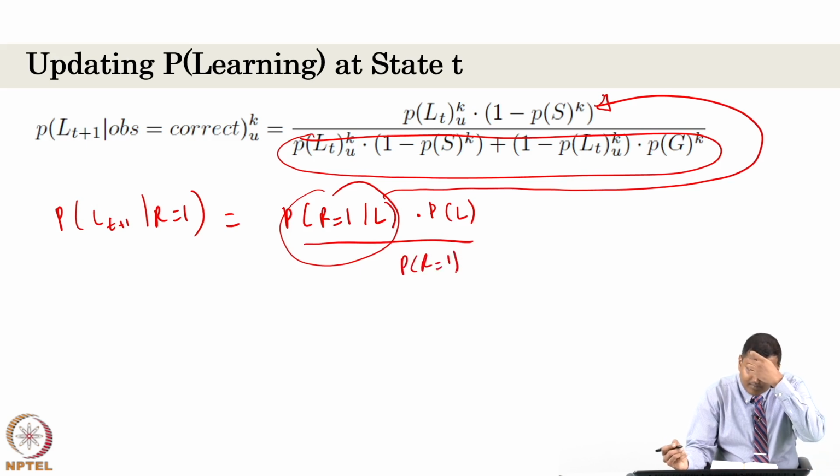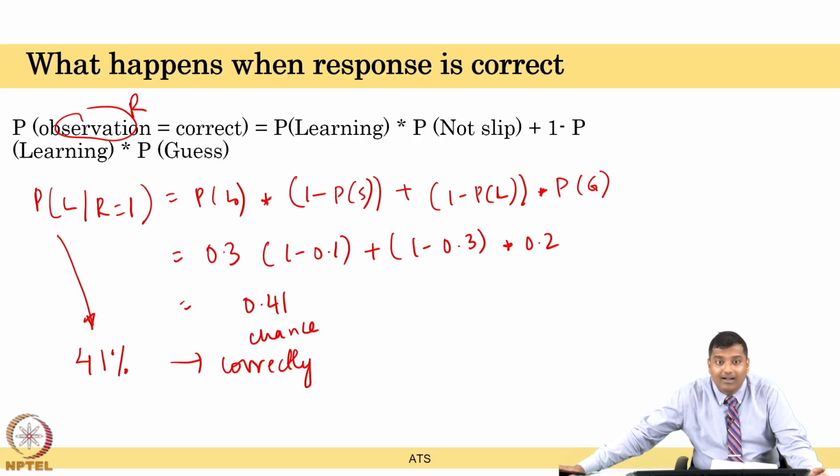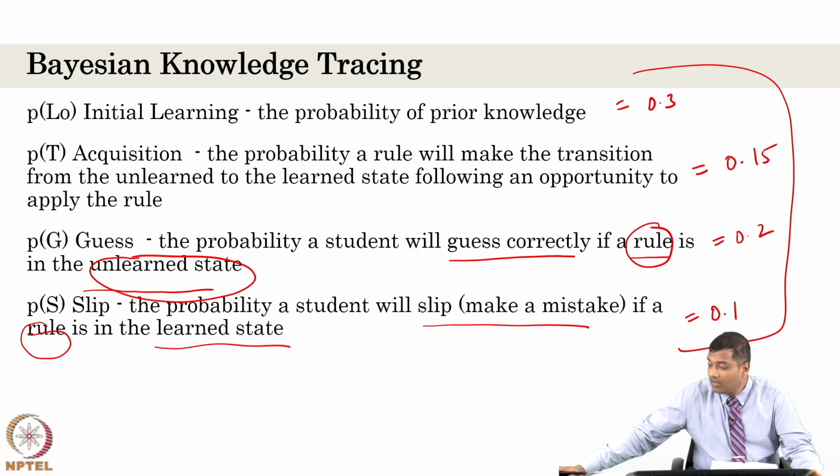The reason being, what exactly is a slip? We have looked at what is slip. It is the probability of the student making a mistake if the rule is in the learn state. That means they have answered it incorrectly and they are in the learn state.